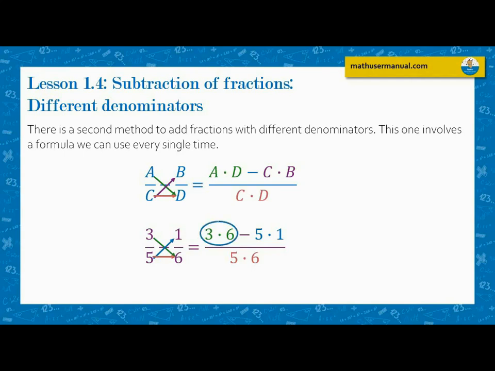So then multiply. 3 times 6 is 18. 5 times 1 is 5. That's our numerator, 18 minus 5. And our denominator, 5 times 6, which is 30. The last step, just do the subtraction on the numerator, 18 minus 5, which is 13. And this is our answer, 13 over 30.